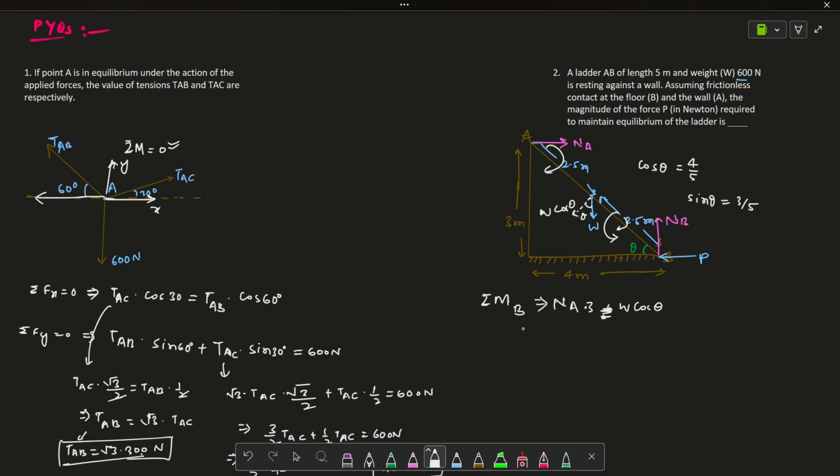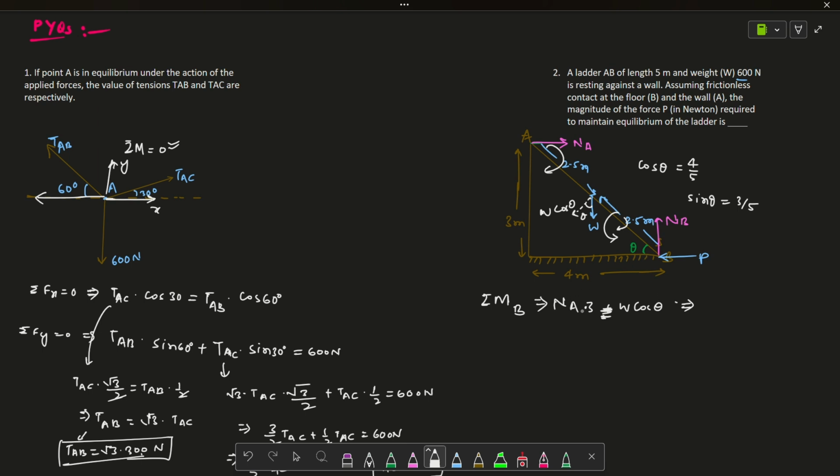And why we have taken the moment about point B, I will tell you. See, these 2 points are unknown, right? And if we take the moment about this point, we have only 2 values in the equation, one value is known and one value has to be found. So we can directly find out NA from here. If we take some other point, we will have 2 unknowns, so we cannot find it from the single equation.